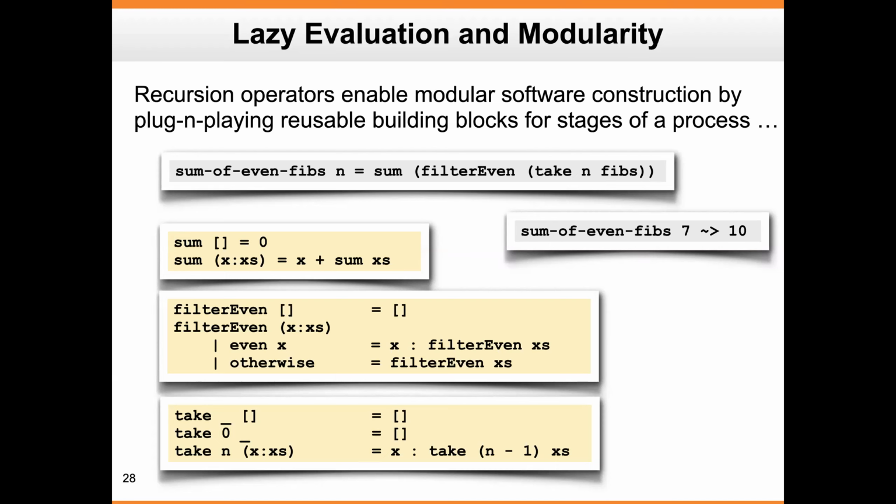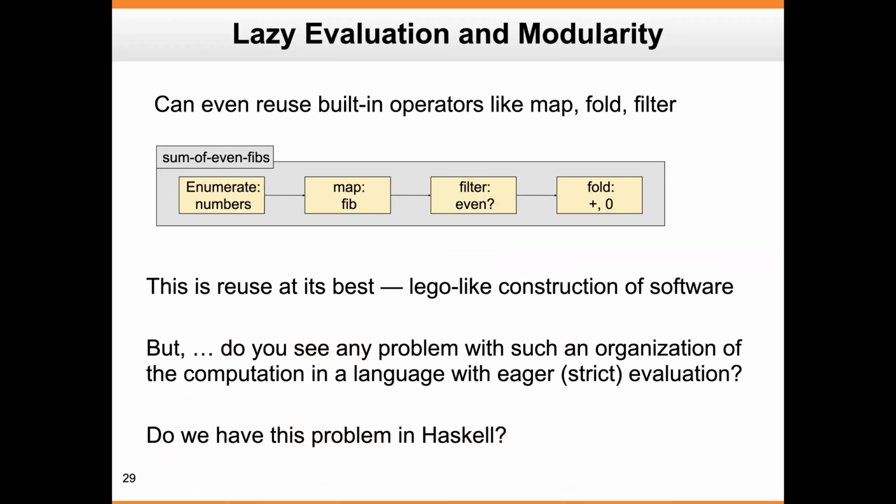And filter even, we don't need to define, we can pass the predicate even as a parameter to the predefined operator filter. So if we want to define the sum of even fibs, we plug and play these building blocks: enumerate all numbers, apply fib to each of the numbers to produce the list of all fibs, filter them with the predicate even, and then to the result list we apply fold, initializing the aggregation with 0, and then using plus to aggregate all the elements in the list.